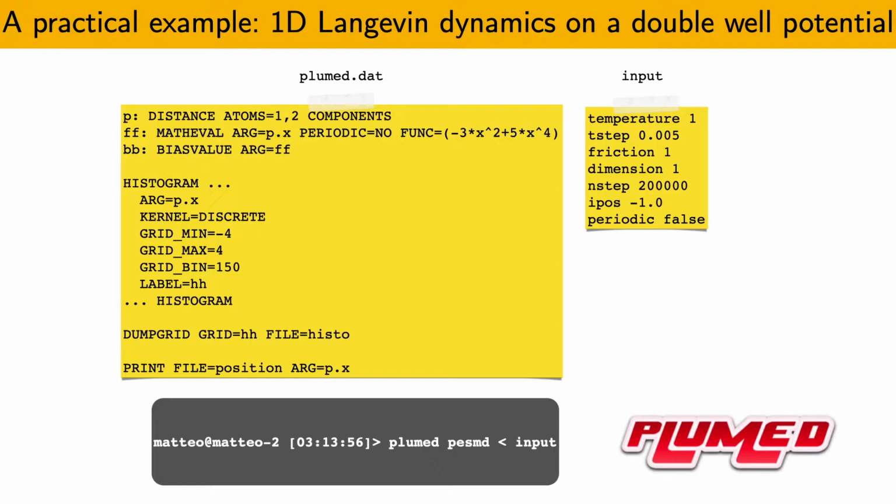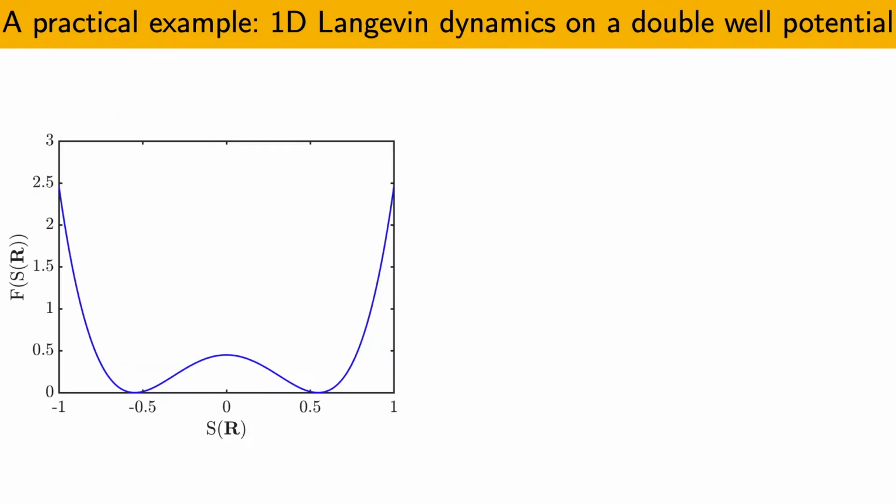So let us start by applying this approach to investigate and analyze a model free energy surface that is characterized by two metastable states, denoted by two local minima that are separated by a small free energy barrier.